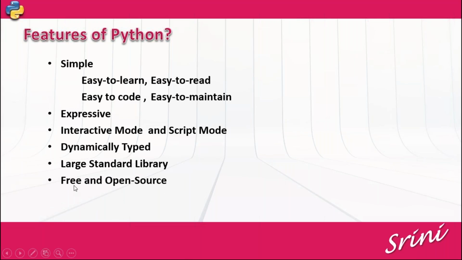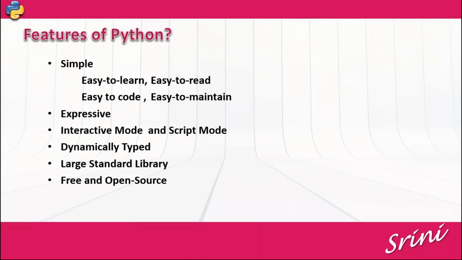Python is completely free. Python is open source. Source code of the Python language is also open for you. Please remember this point. Java is free, but Java is not open source. Java language is an asset of the Oracle Corporation nowadays. Formerly, it was Sun Microsystems.